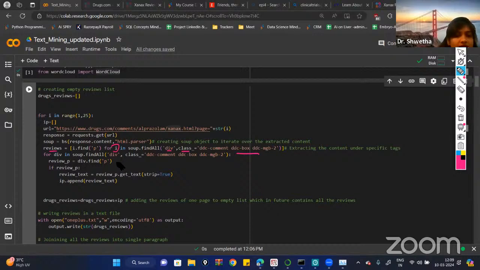Then for div in soup.findAll, it will go to the div again and go to the section where it will find this div, extract the data from there and store it into the ip. This is the ip we have created. So this goes on for every i until the 25 range.